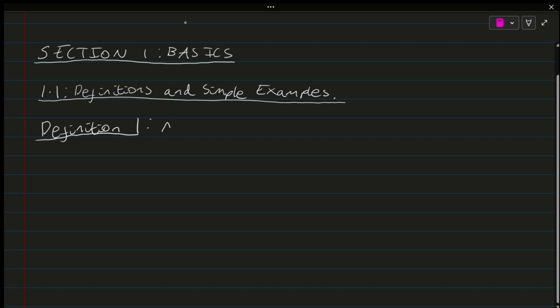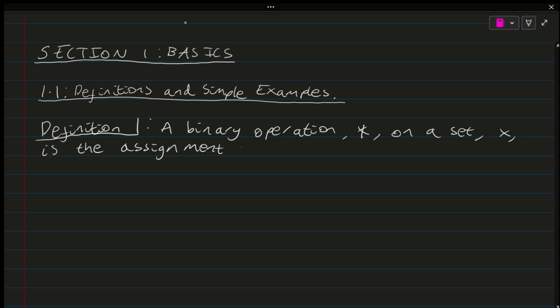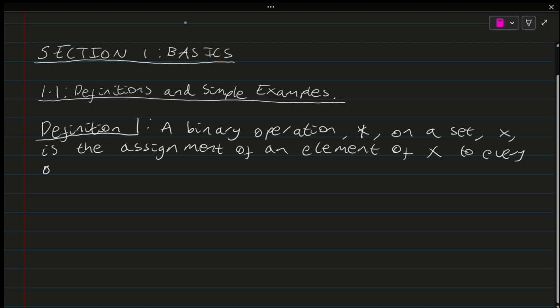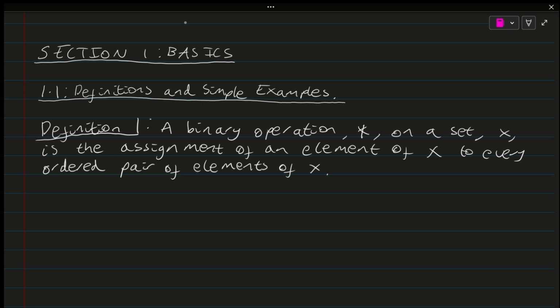So a binary operation, which we'll denote by this star here, on a set, which we'll call X, is the assignment of an element of X to every ordered pair of elements of X. What we mean by that is we just take any pair of elements in this set X and we consider them to be different.